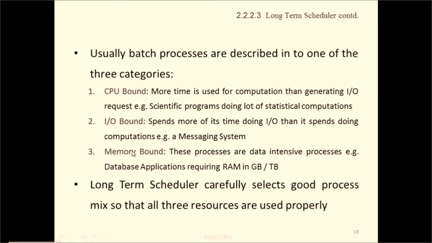If the CPU is not being kept busy by existing processes, then it selects a process from batch which is CPU bound. So this CPU bound process from batch will see that the CPU is being kept busy. The same is the case for IO and the same is the case for memory.